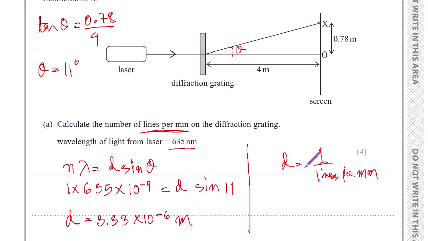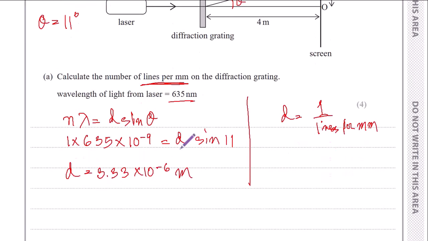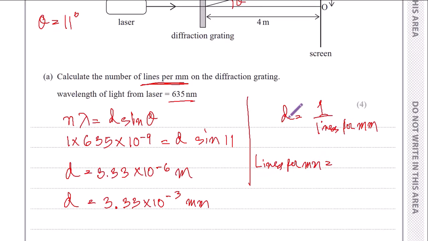You have to convert d to millimeter first. So this d, meter to millimeter, is times 1000, which gives you 3.33 times 10 to the power minus 3 millimeter. Now place this d over here. So lines per millimeter would be 1 by this value. 1 by answer, which gives you 300. There you go. This is your answer.